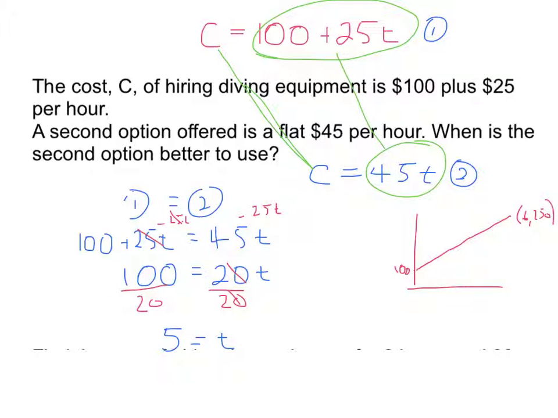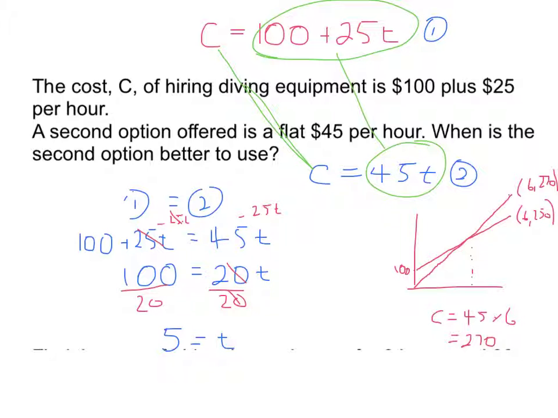The second graph is going to start at 0, and I'll just work out if t is equal to 6 for the second option. So C equals 45 times by 6 is 270. So it is going to be more expensive after 5 hours. So that's 6 and 270.